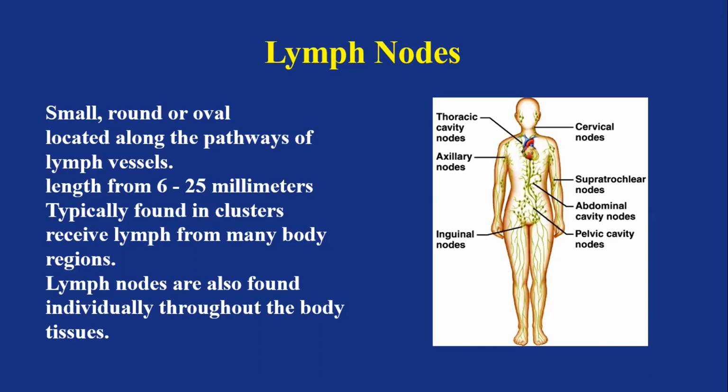Lymph nodes are also found individually throughout the body tissues, but they are situated in the pathway of lymph vessels, because if any infection passes along the lymph vessels, the lymph nodes will resist the infection. So the lymph nodes are located along the pathway of lymph vessels.